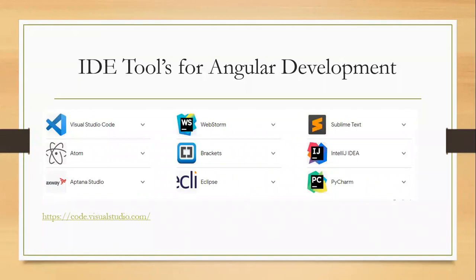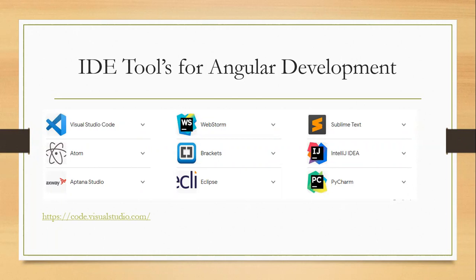So if you want to develop any Angular project, we need some tool to write our code, to edit the code, to debug the code, to run the code. We require some IDE tools. It's a development editor. What does IDE mean? It's a development editor. So I prefer to use Visual Studio Code as the development editor.